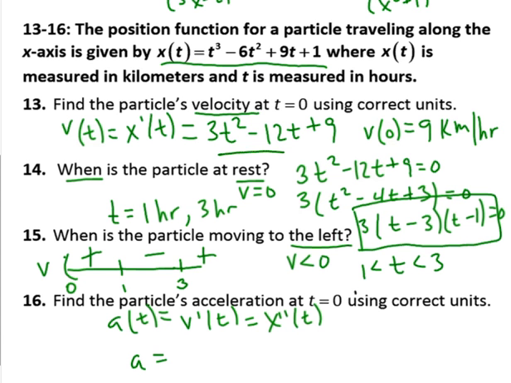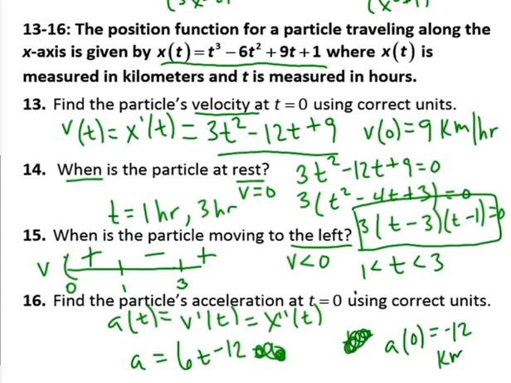So 3t squared is 6t minus 12. We want to find the particle's acceleration at 0. So we would just plug in 0 for t, which would give us negative 12. And the units on that would be kilometers per hour squared.